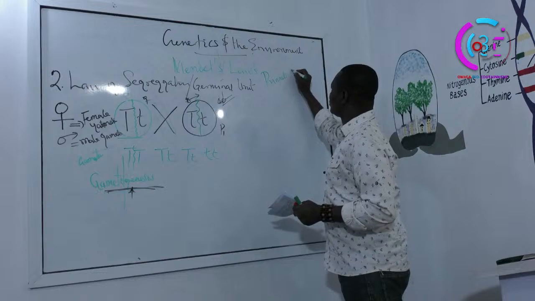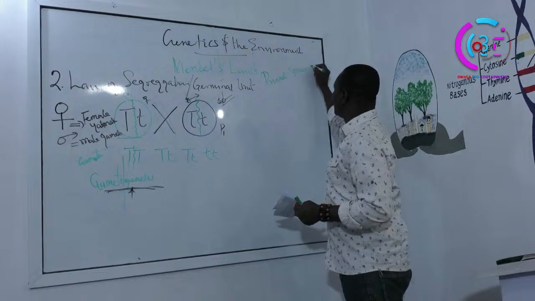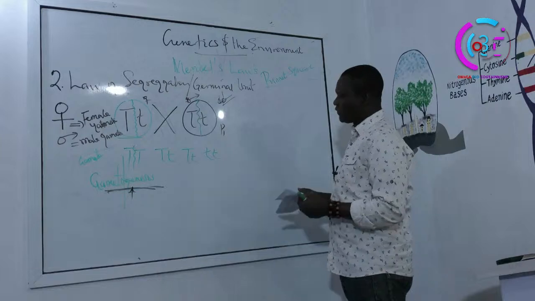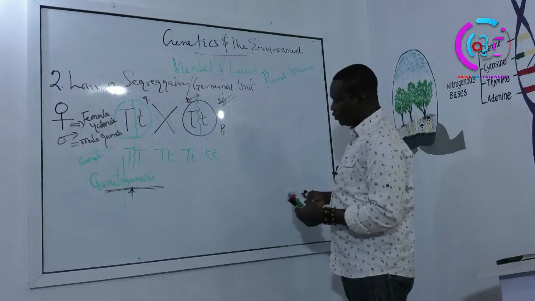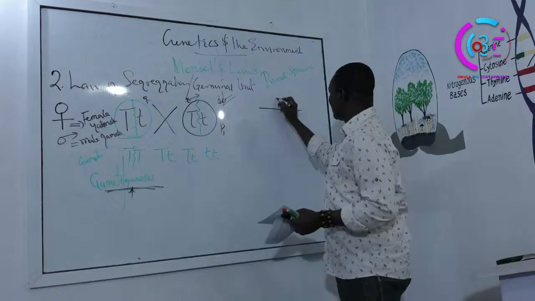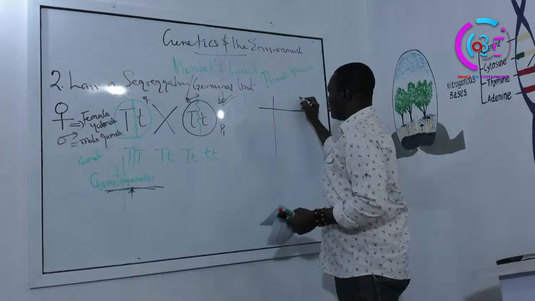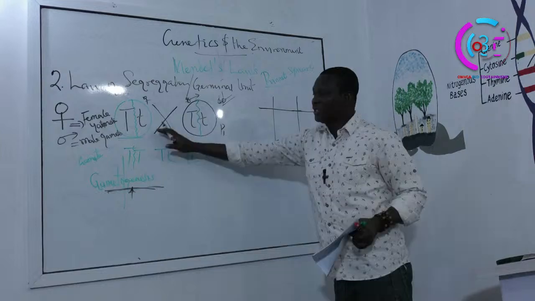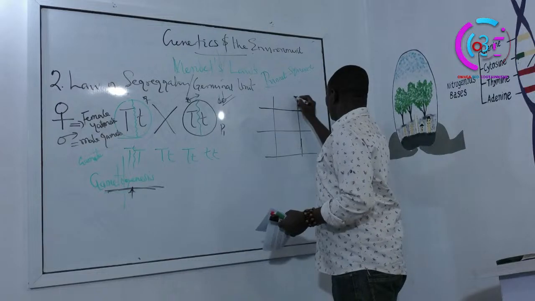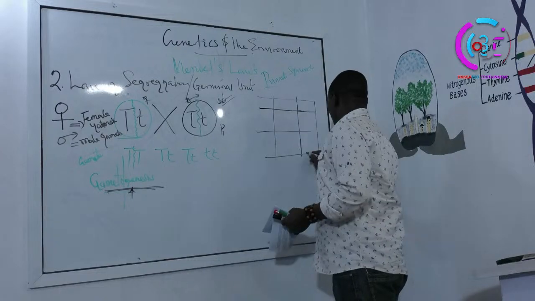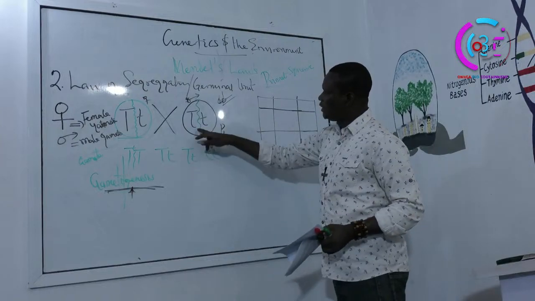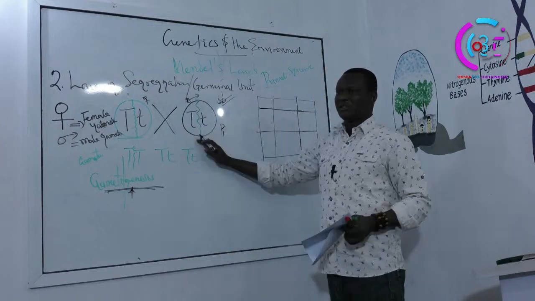The Punnett square is a graphical representation, a graphical notation that you can use in crossing. Now let's consider exactly what we have here. Don't forget that this one is dealing with two parents, male and female.